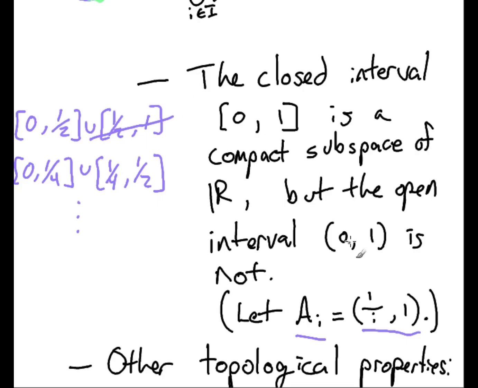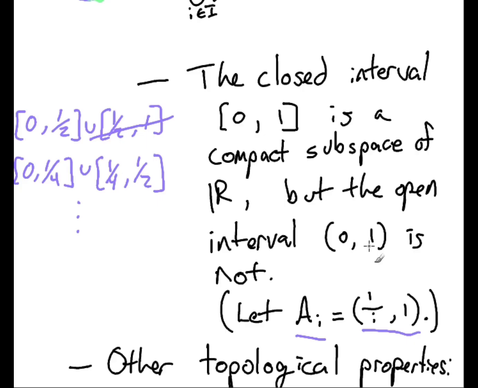Considering the open interval, on the other hand, it is not the case that every open cover has a finite subcover. It is possible to cover this with finitely many open sets, clearly, because 0 to 1 is an interval, it's an open set, and that covers that.